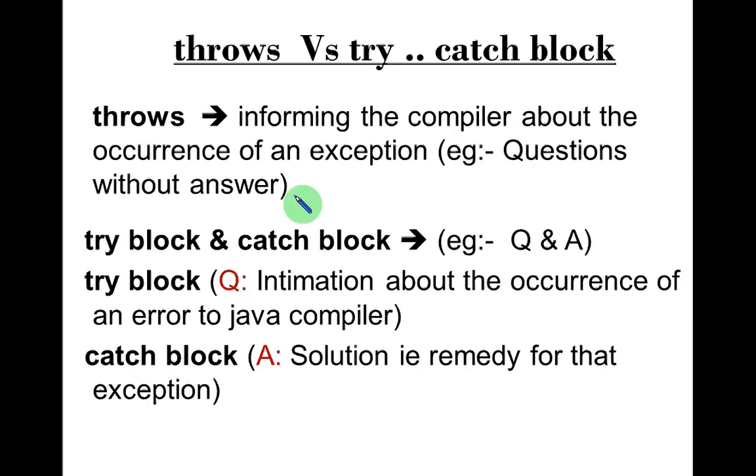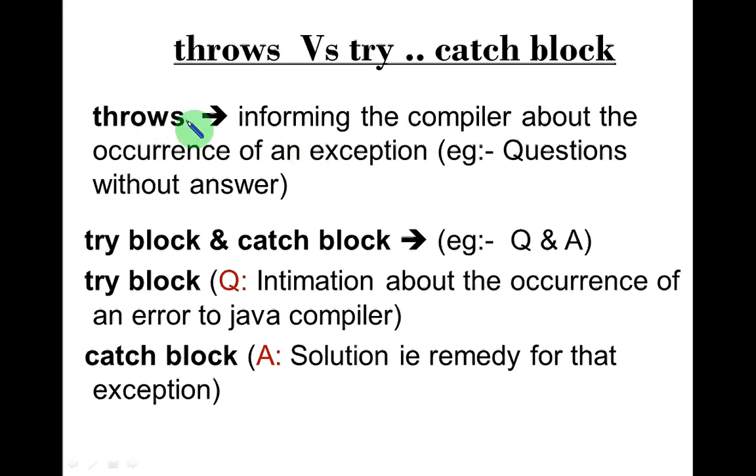Okay, so when to use throws and when to use try and catch block? The functionality of both throws and try catch block is the same. We are informing the compiler that we are going to get an exception, right? So how it works? First is throws.